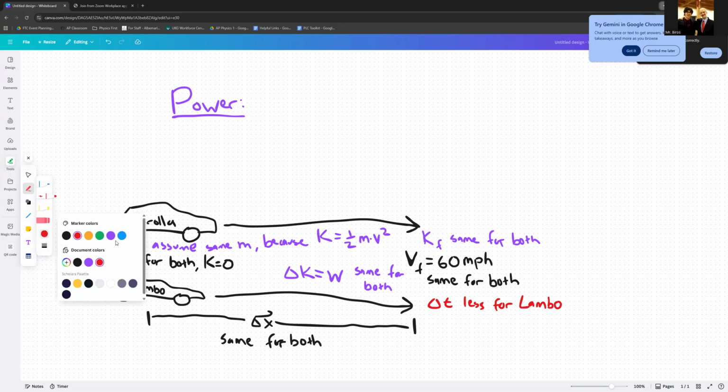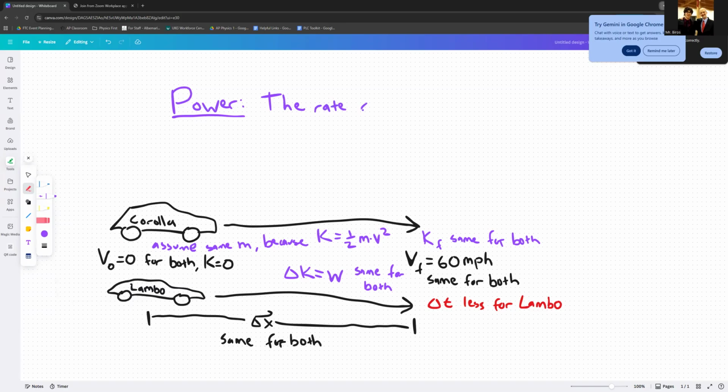So power is defined as the rate at which work is done. And that's it. So the rate at which work is done means, sure, both cars could do the same amount of work if they both start at 0 kinetic energy and they both end up with the same amount of kinetic energy as each other.